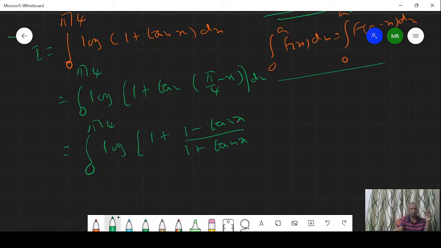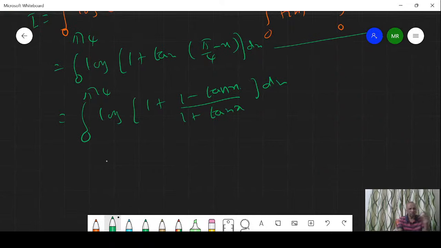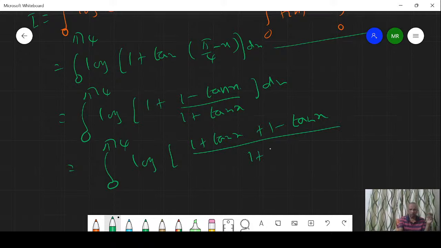Correct? 1 − tan x over 1 + tan x. This is tan x here. You take the LCM here. The integral from 0 to π/4 of log of [(1 + tan x) + (1 − tan x)] over (1 + tan x) dx. Try to understand, this is tan x only.